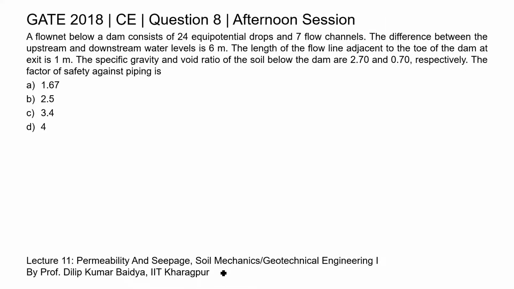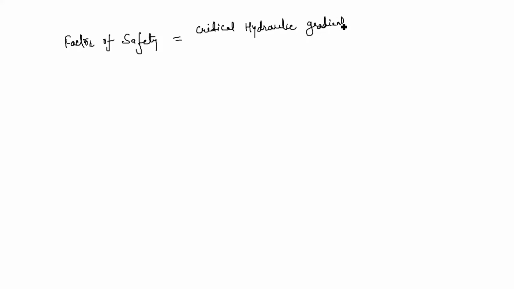So the factor of safety against piping, we may write, the factor of safety against piping is equal to the critical hydraulic gradient divided by exit gradient.